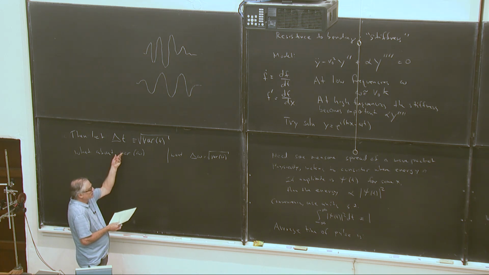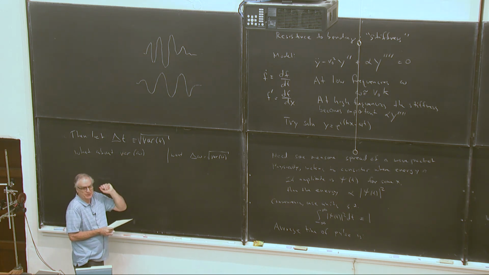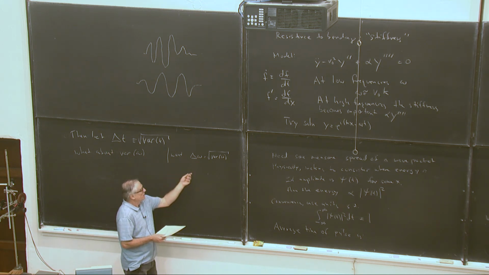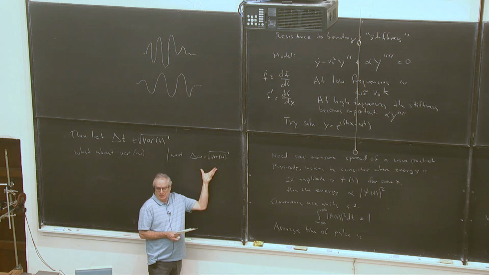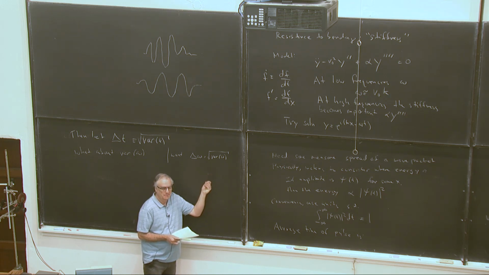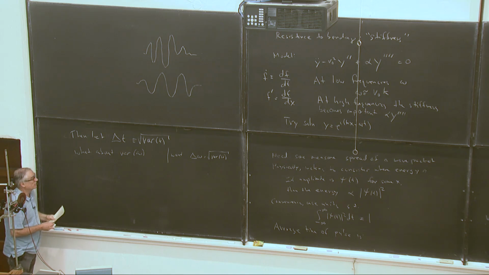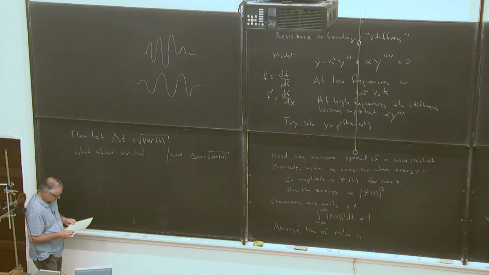The narrower I make that pulse, the higher frequency components I'm going to have. And so the narrower I make that pulse, the wider I'm going to tend to make my frequency distribution, because I have to add more and more higher frequencies to make the pulse narrower and narrower. So it's going to make sense that we're going to have some relation: delta t times delta omega is equal to something.